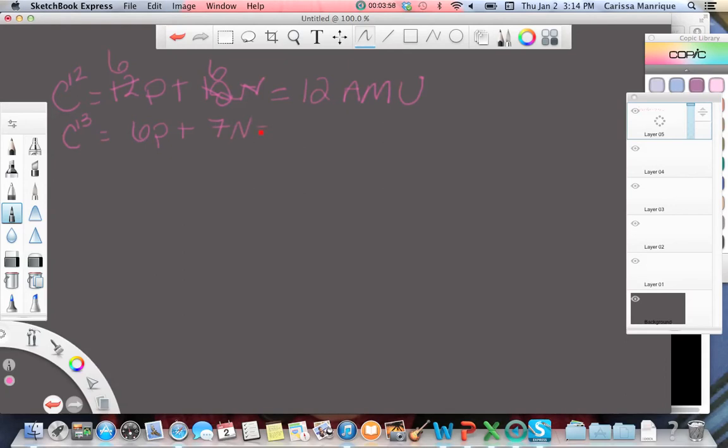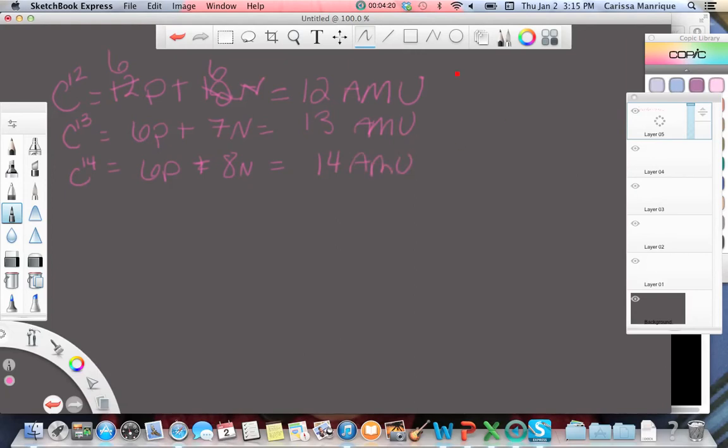So the atomic mass unit then would be 13 AMU. And if we look at carbon 14, we still have 6 protons, and then we have 8 neutrons now. So it'd be 14 AMU, okay?